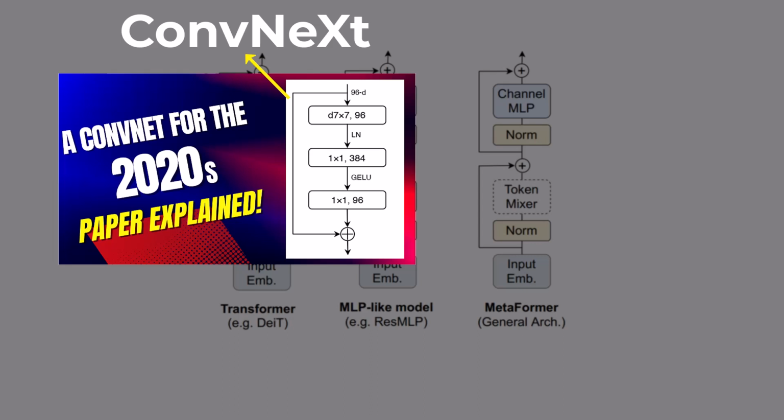But since that 7x7 is a depthwise convolution, it doesn't mix any information among channels, and it only mixes the information among tokens. Following that, we have a layer normalization and a channel MLP, the same thing that we have in MetaFormer. So that's kind of interesting.